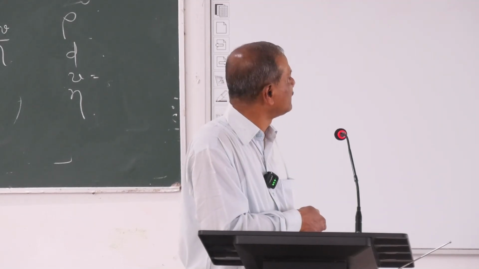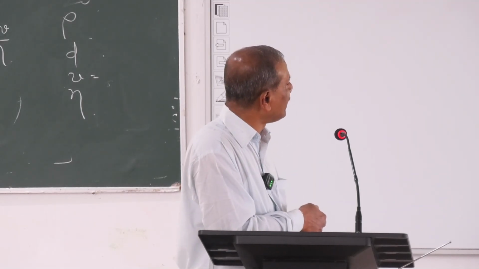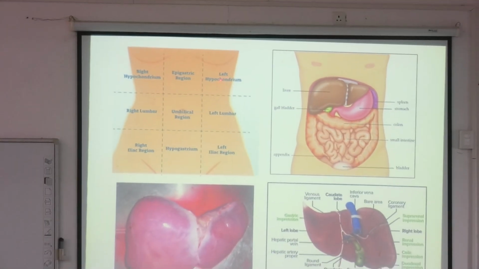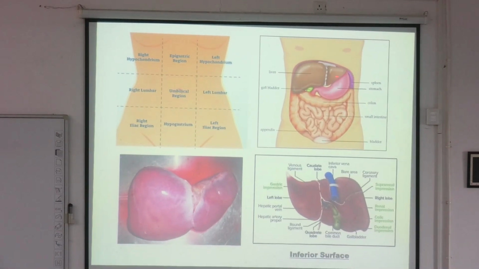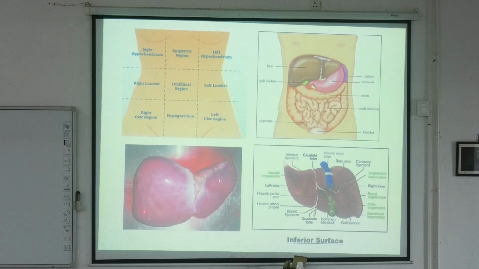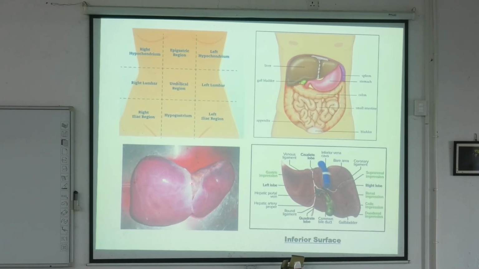So liver is present in the right hypochondrium covering epigastrium up to left hypochondrium. This is the actual position of the liver. This is the human liver. Liver is having 5 surfaces.